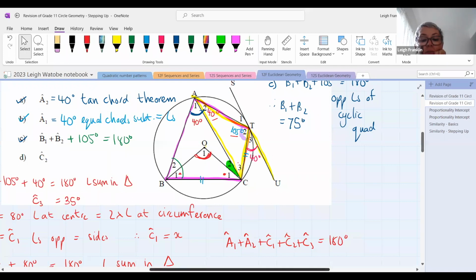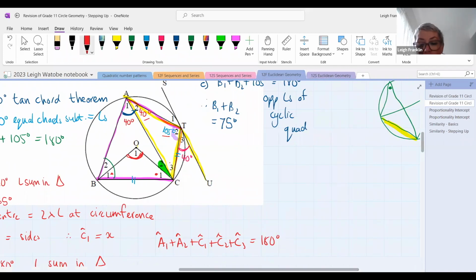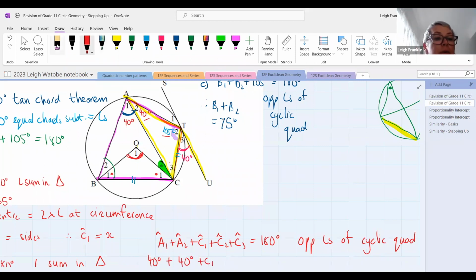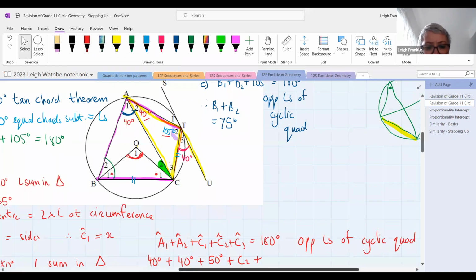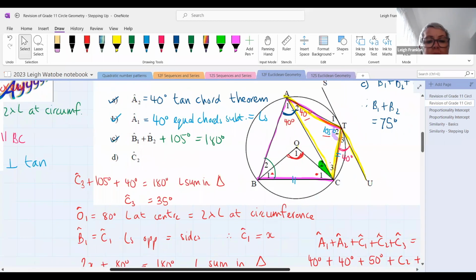Opposite angles of a cyclic quad are supplementary. And now we can fill in how big these angles are. A1 was 40, A2 was 40, C1 we know is 50. C2 is what we're trying to solve for. And C3 we have worked out was 35.